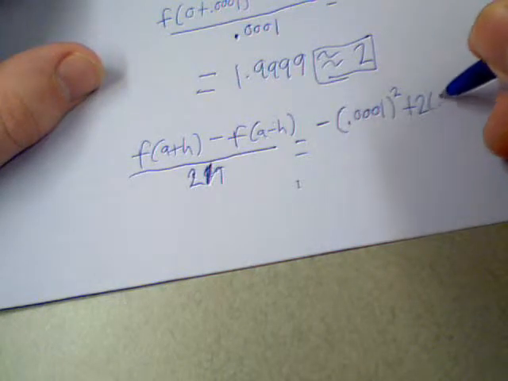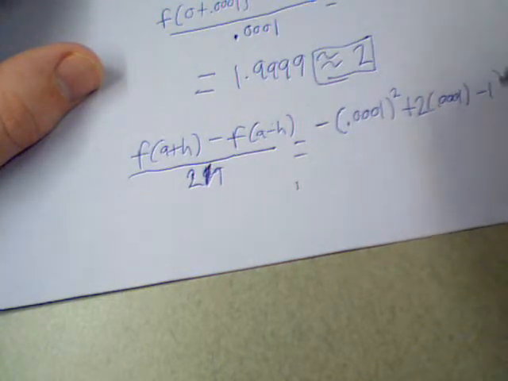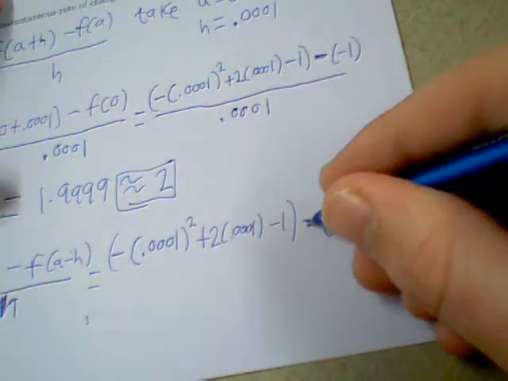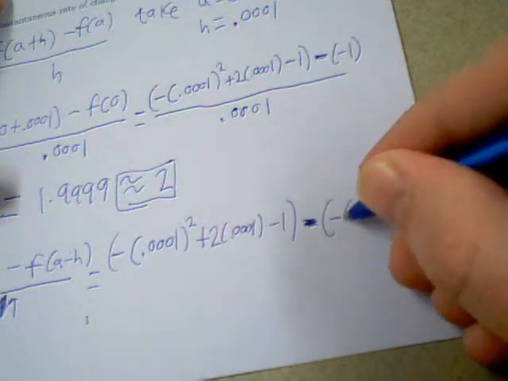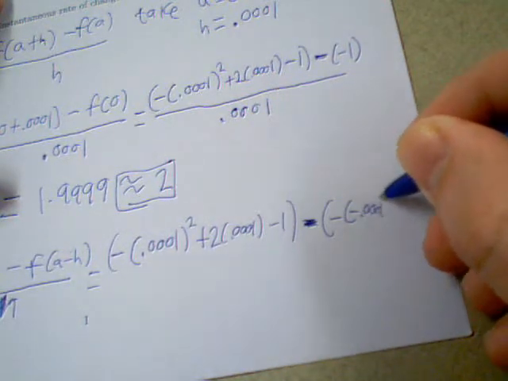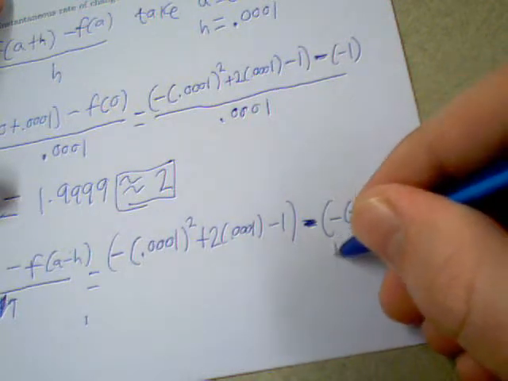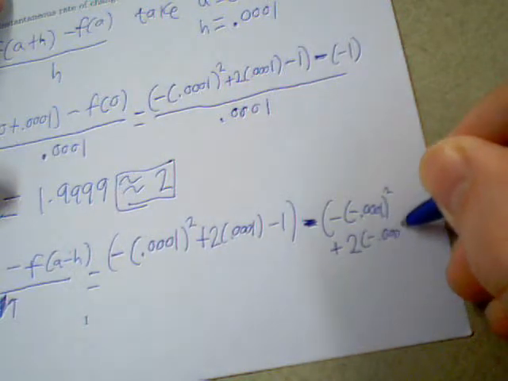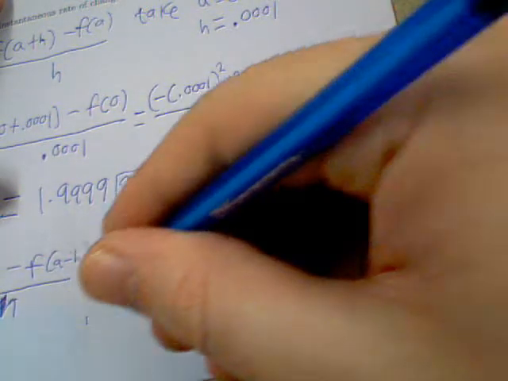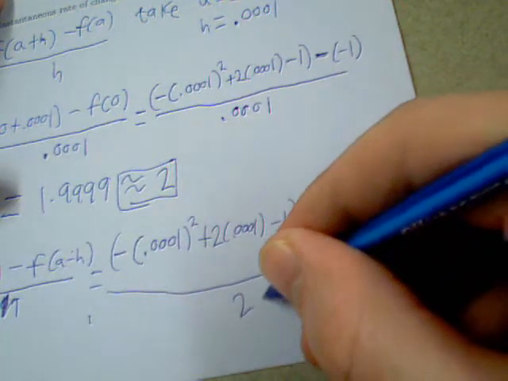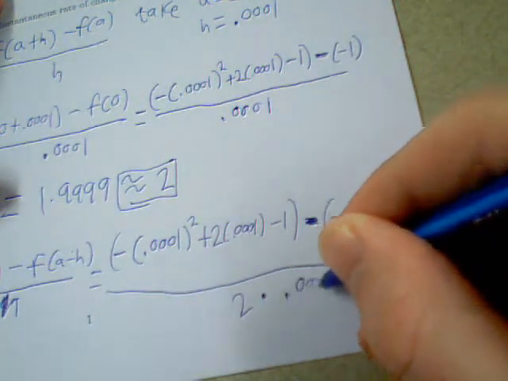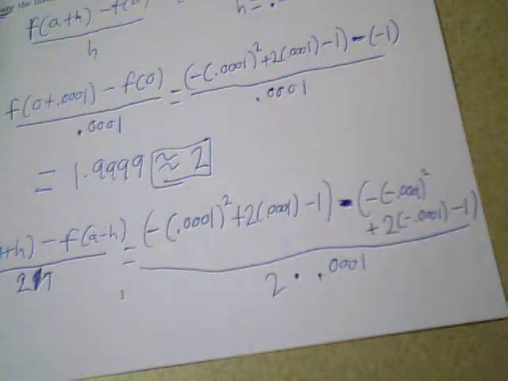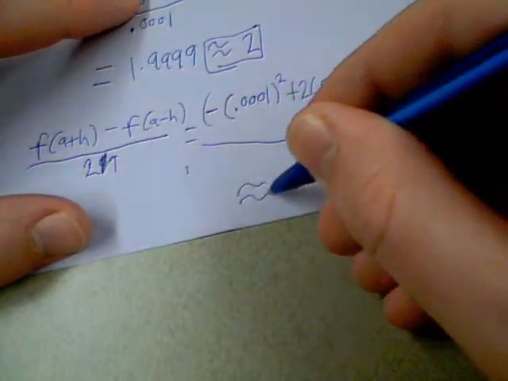Plus 2 minus 1. Subtract from it. You get negative, run out of space, but plus 2 times negative 0.0001 minus 1, all divided by 2 times 0.0001. So if you plug this into your calculator very carefully, you'll end up actually, it'll round itself to 2.